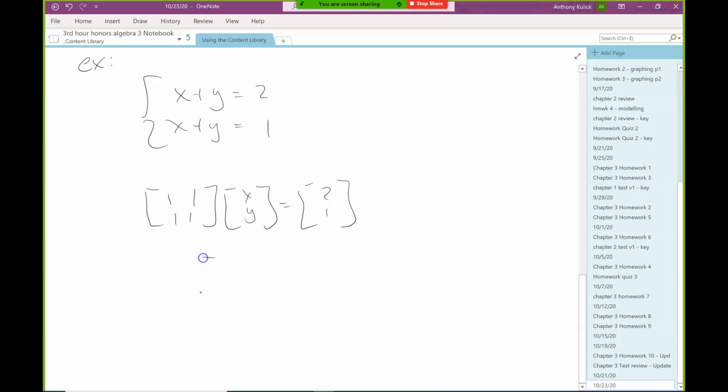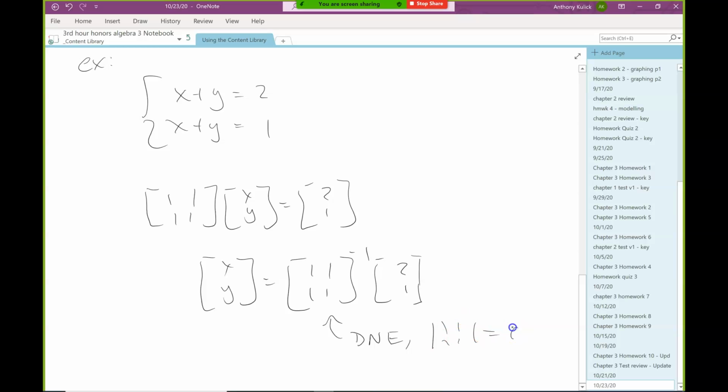And then we rearrange to say this, but this doesn't exist, because its determinant is 0, right?